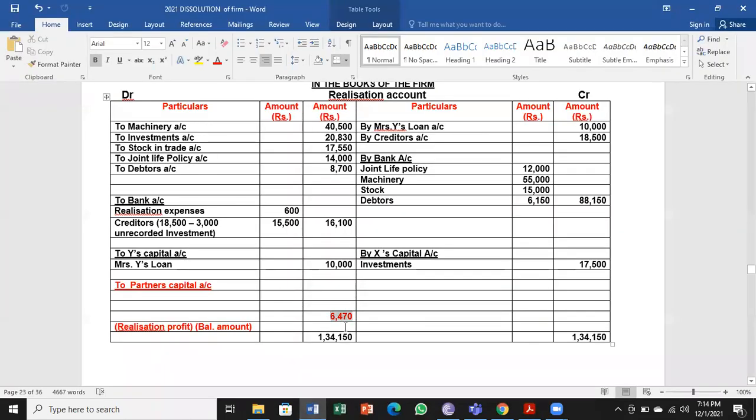So this amount to be divided among 3 partners in the ratio. So first for X, 6,470 into 3 by 6, 3,235.